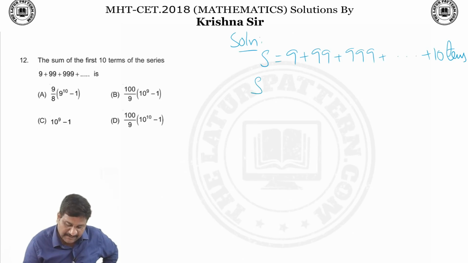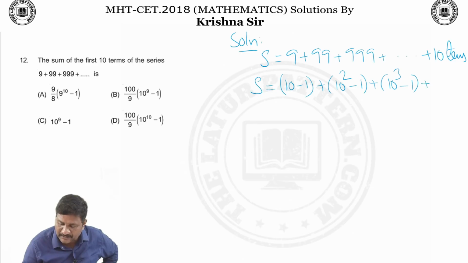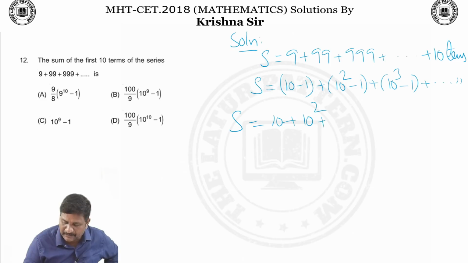Now 9 can be taken as 10 minus 1, next 99 can be taken as 10 square, 100, minus 1, now 10 cube minus 1, and so on, 10 terms. Now separate the 10 terms: first 10, 10 square, 10 cube and so on up to 10 terms, minus 1, 1 also 10 times.